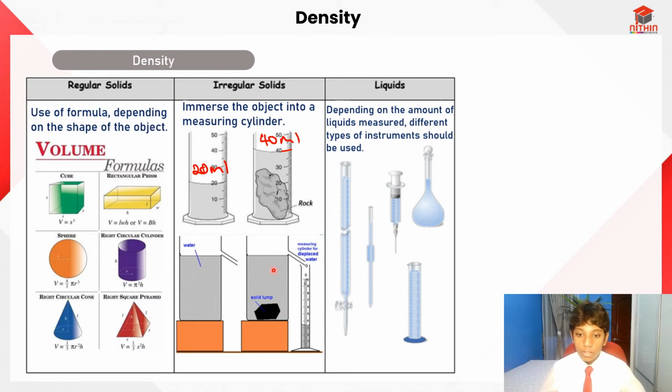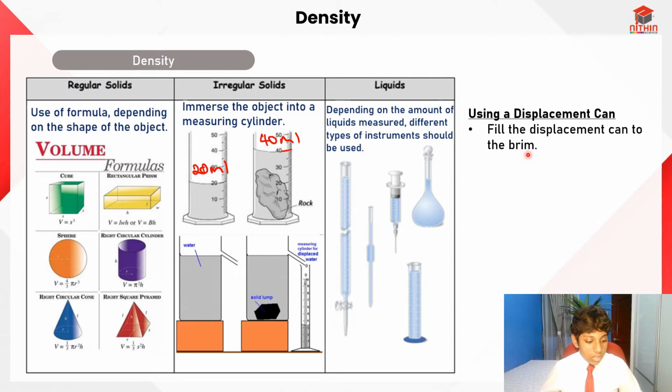Another way to measure the volume of an irregular object is by using a displacement can. You will do this experiment in secondary school during your lab sessions. So how do we use it? First we fill the displacement can to the brim. The brim means right before the hole. We do not fill it over the hole, if not, the water will come out and land in the measuring cylinder.